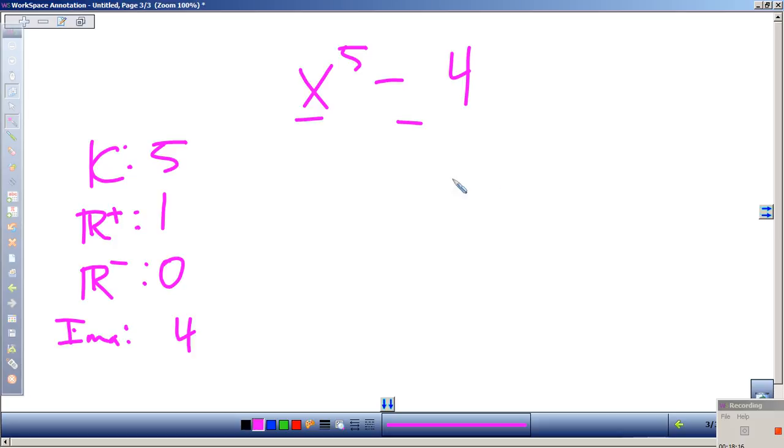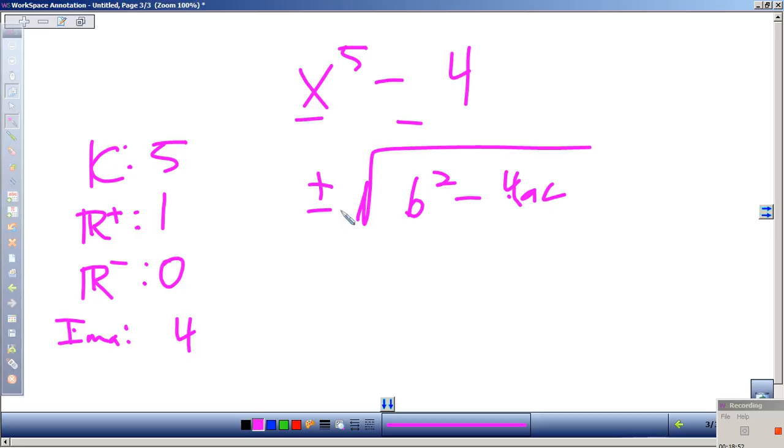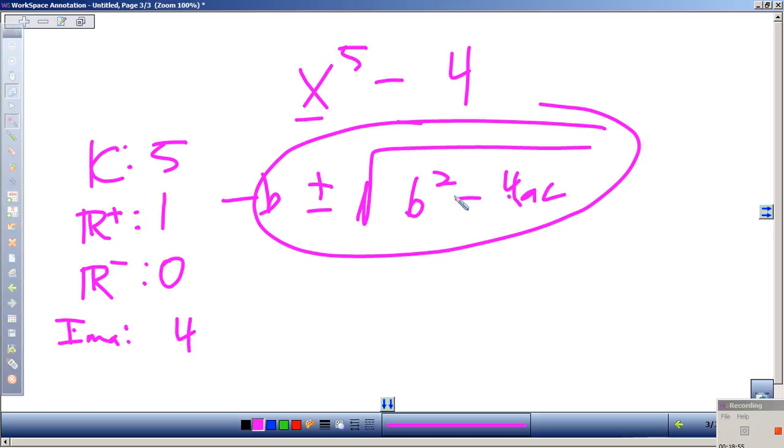Consider when we did the quadratic formula. We had the square root of b squared minus 4ac. What comes before this? Plus or minus. So negative b. If we had imaginary solutions here, how many did we have?